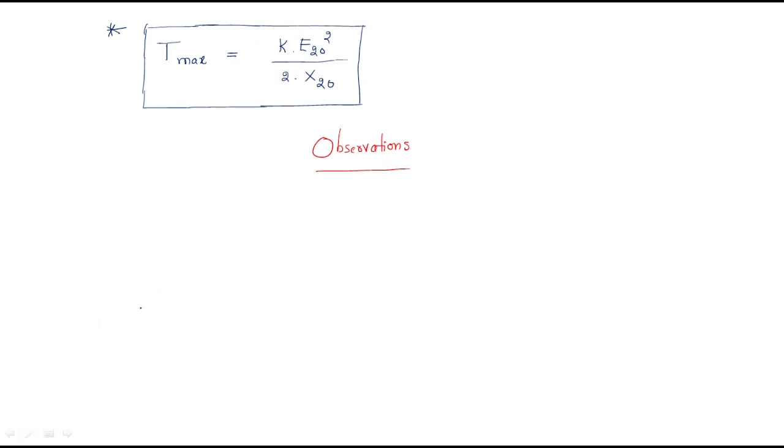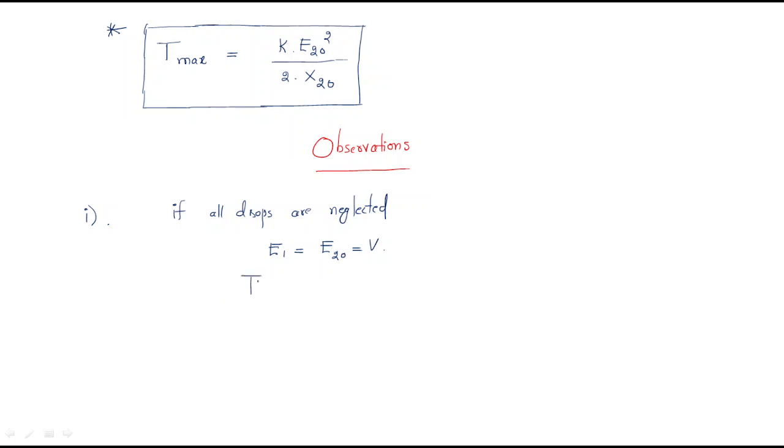The first observation is, if all drops are neglected, then the stator EMF and rotor EMF will be the same, that is E1 equals E2 naught equals V. Then what is the relation?